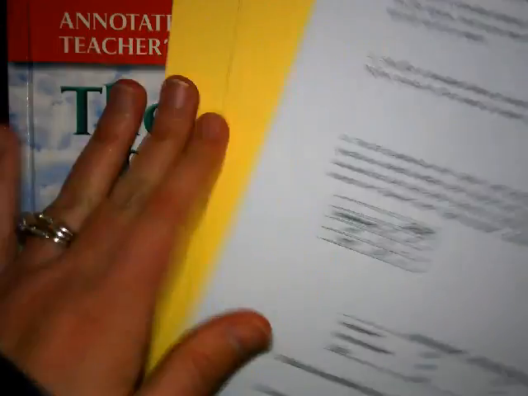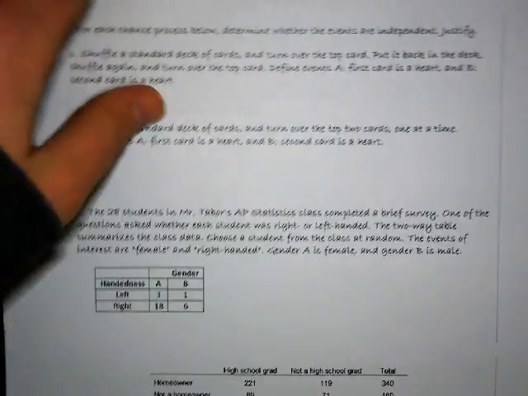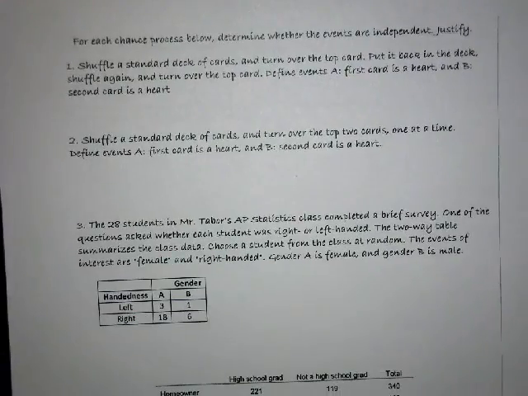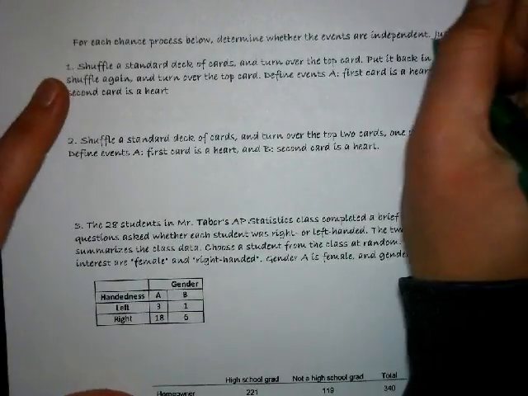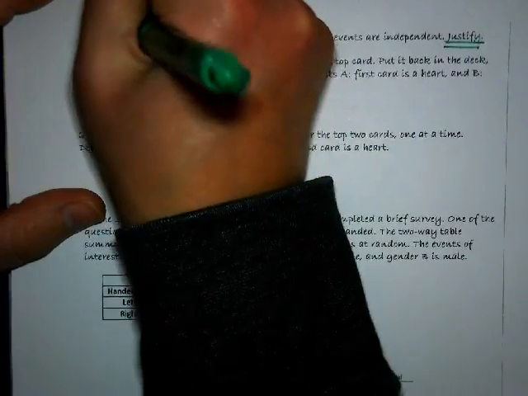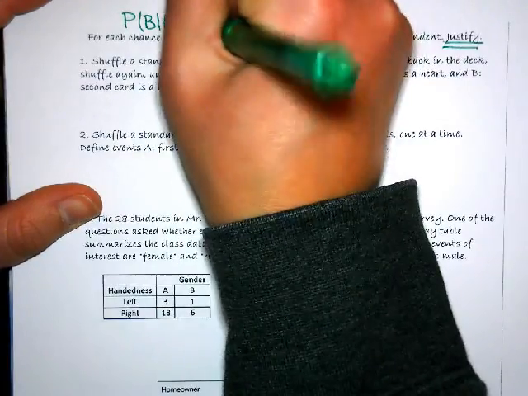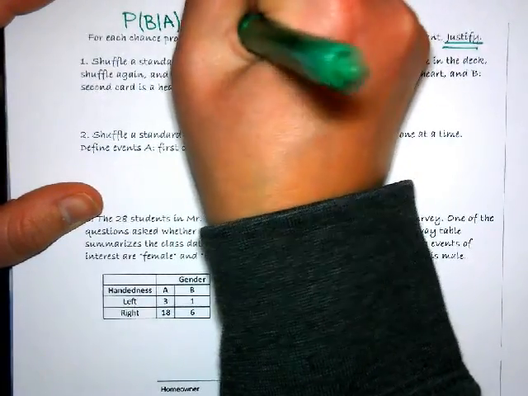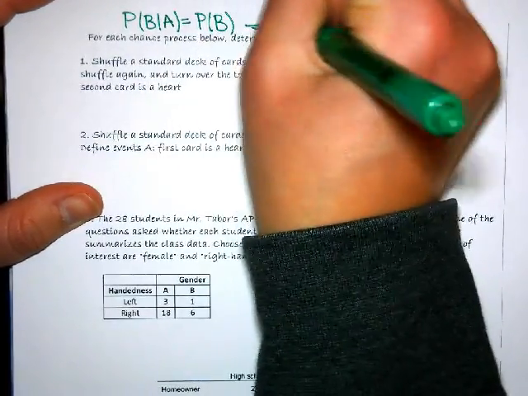So like I said, we're going to start out by showing whether events are independent or not. Justification is the math. So probability of B given A equals the probability of B. That means they're independent.